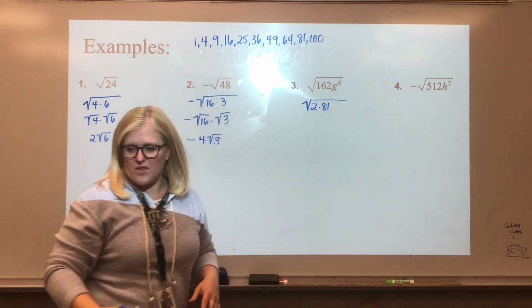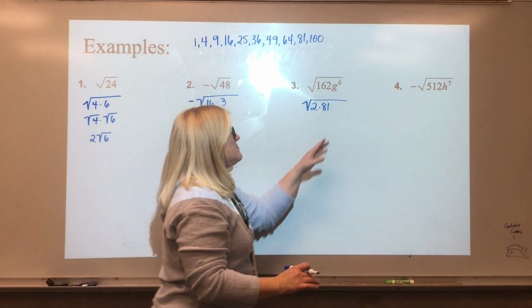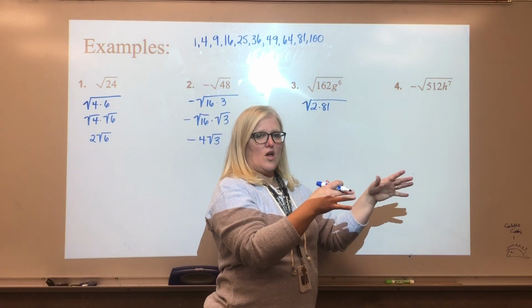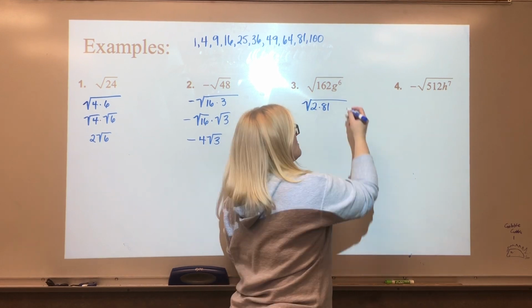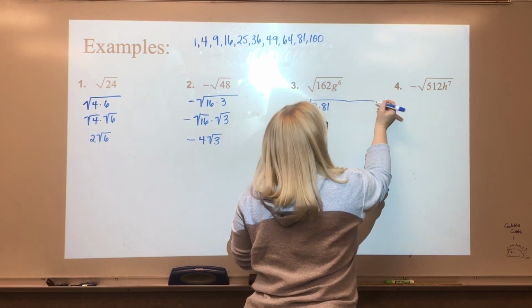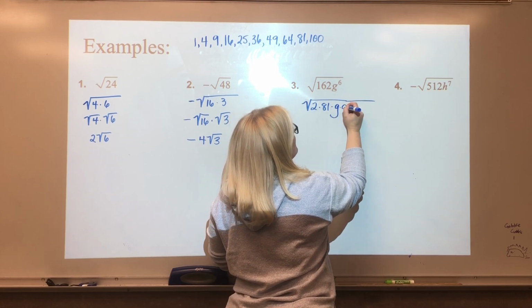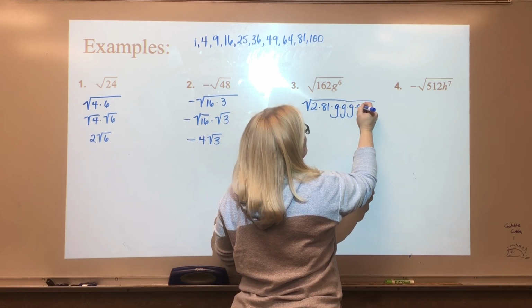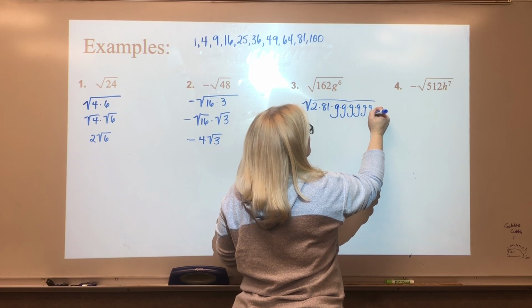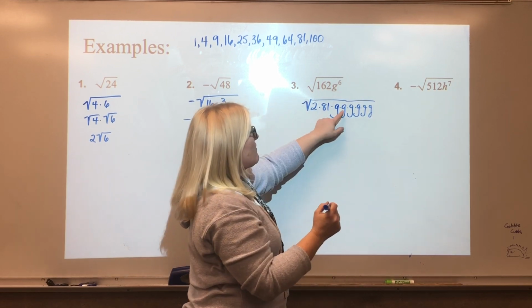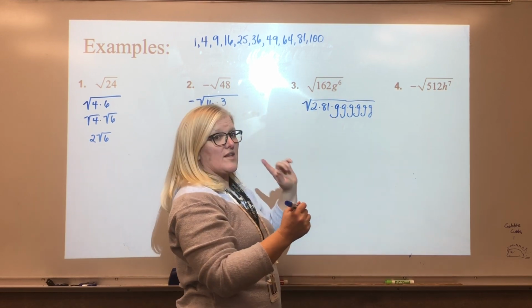Now here it is with the g to the 6th. I'm going to write this out so that you can see what I'm doing. So I've got 6 of them: 1, 2, 3, 4, 5, 6. Now remember that for every 2 of these, only 1 comes out, right?